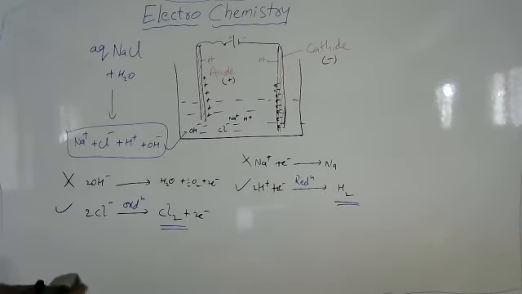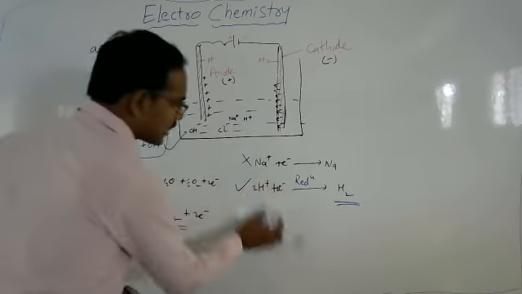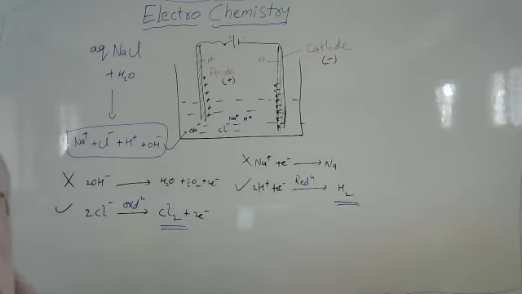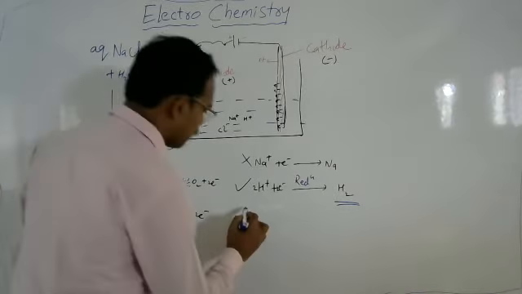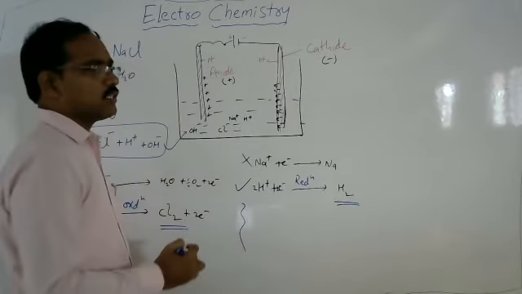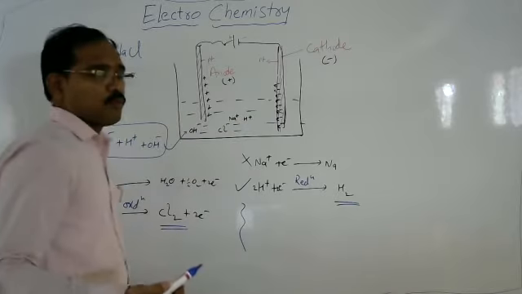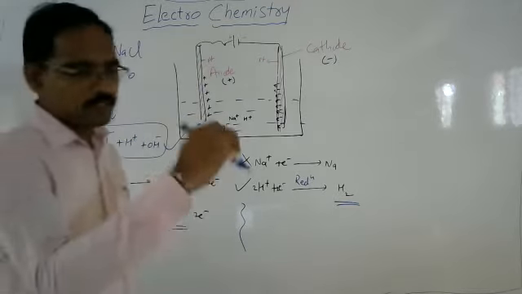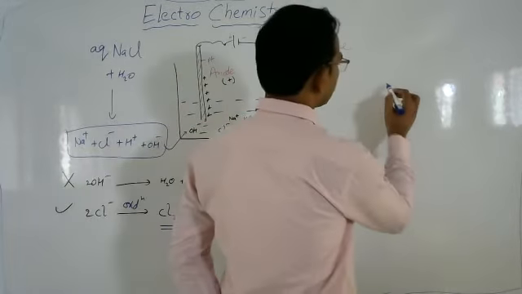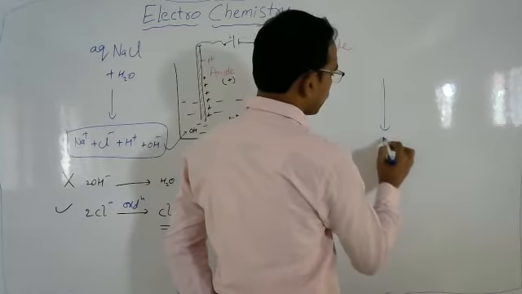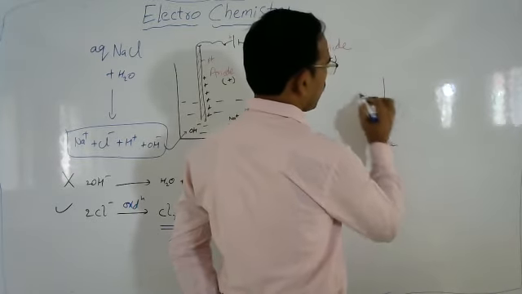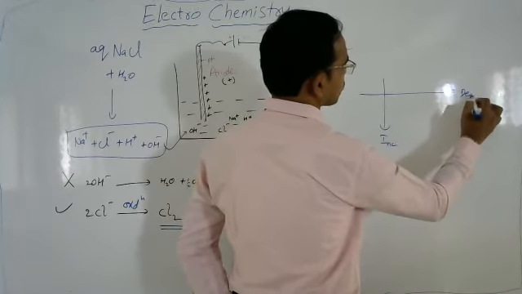Now you have to know the depositing order, which will take the electrons first. If you know the reactivity order, potassium, see, before that, the metals reactivity order: down the group it is increasing, left to right decreasing.